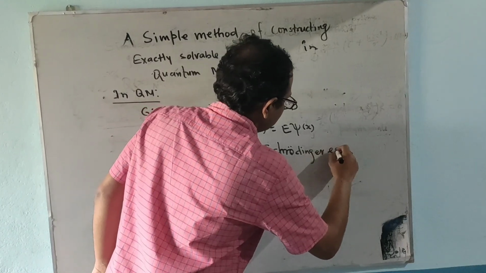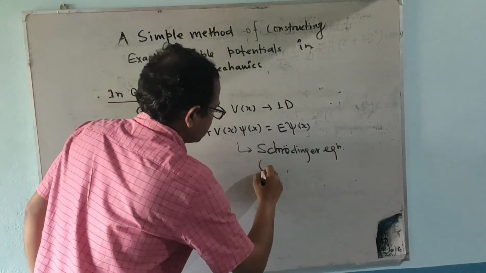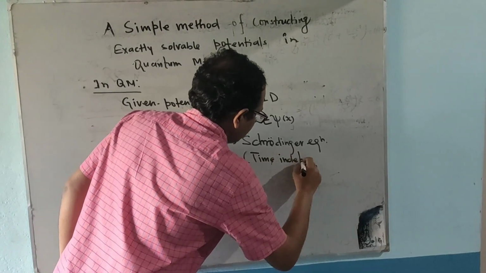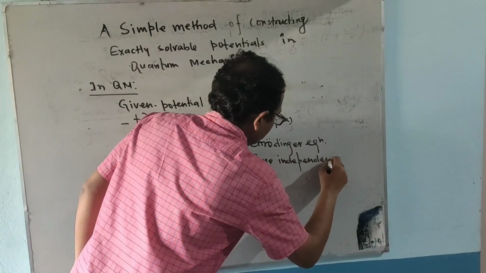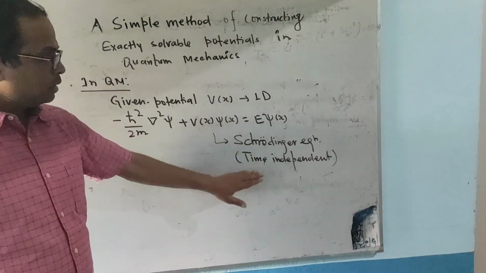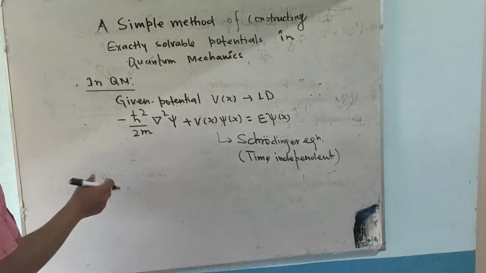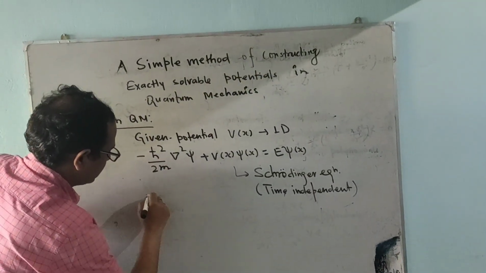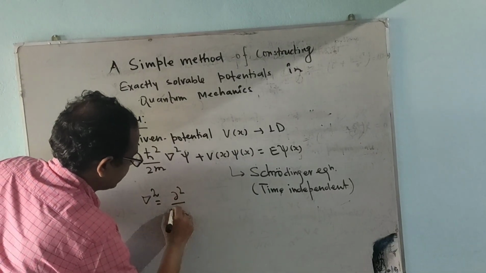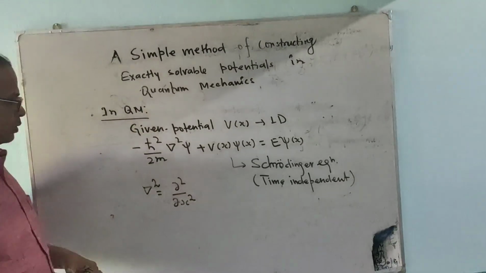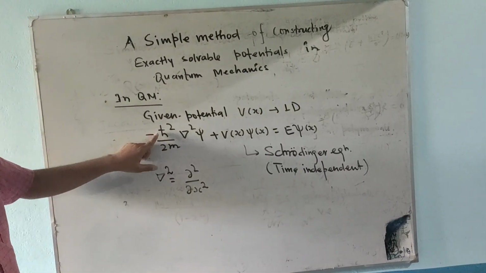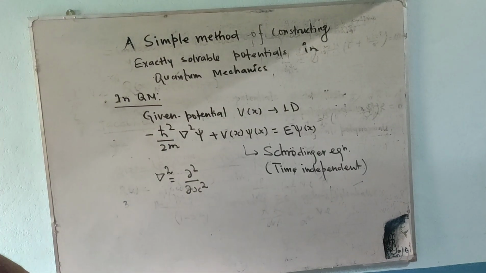This is the Schrodinger equation, time independent, in the one dimension case. And this del is nothing but d2 by dx square, the Laplacian operator, and this h cross is the Planck constant which we know already.